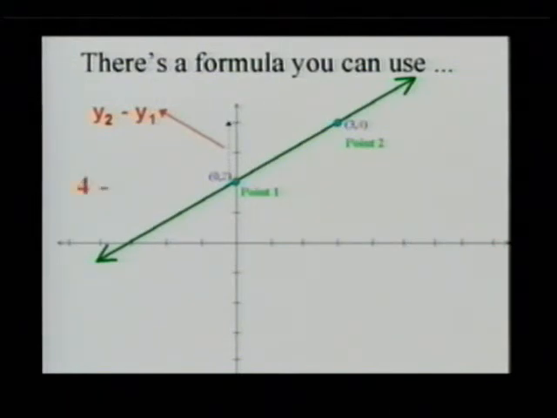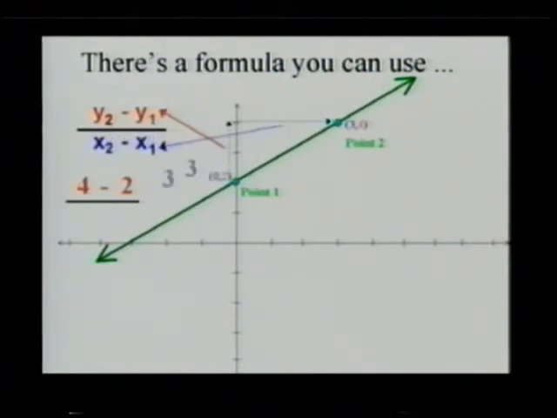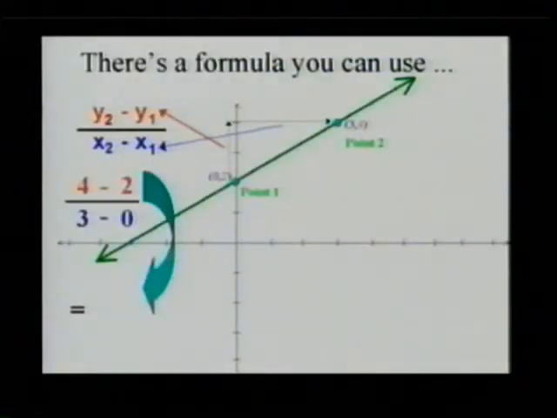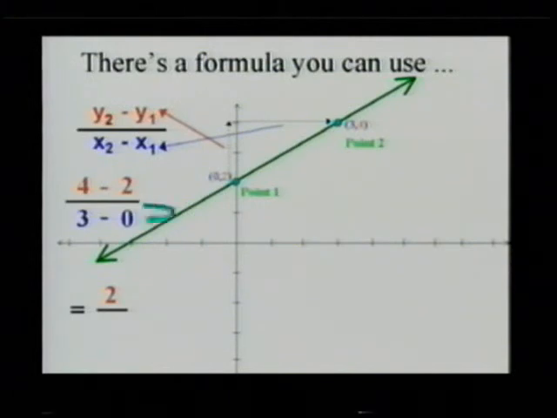In this case, it's 4 minus 2, over, and this is part of the formula, the amount you went over calculated from x2 minus x1, which in this case is 3 minus 0. And you can actually calculate them without graphing them. In this case, we'll have 4 minus 2, 2, and 3 minus nothing is 3, and the slope will be 2/3.